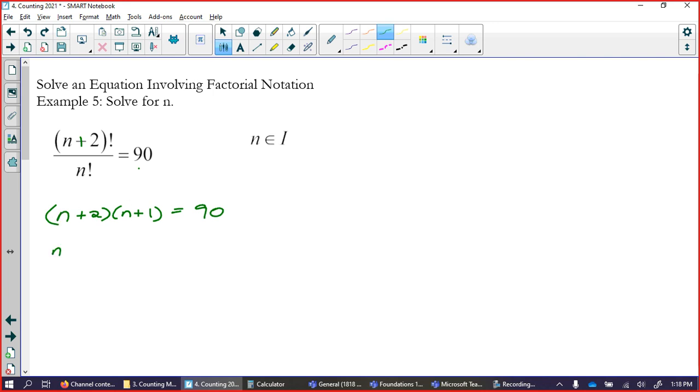I'm going to expand this. n times n is n squared. n times 1 is 1n. 1n plus 2n is 3n, plus 2.